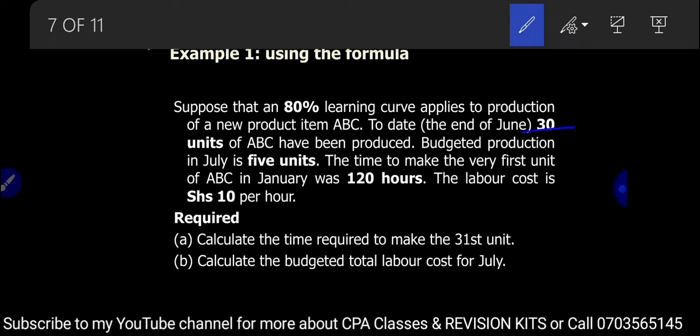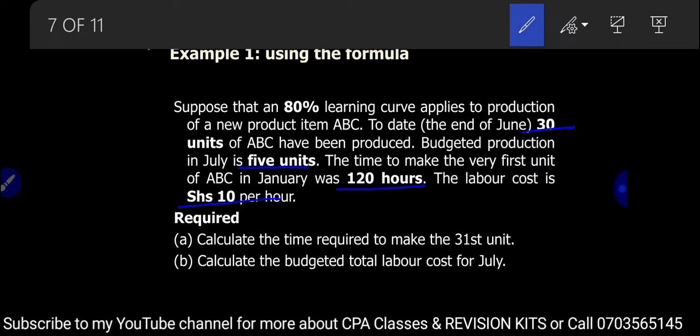Budgeted production in July is 5 units, meaning that in July they expect to produce 5 more units. The time to make the very first unit of ABC in January was 120 hours. The labor cost is shillings 10 per hour. So each hour costs 10.